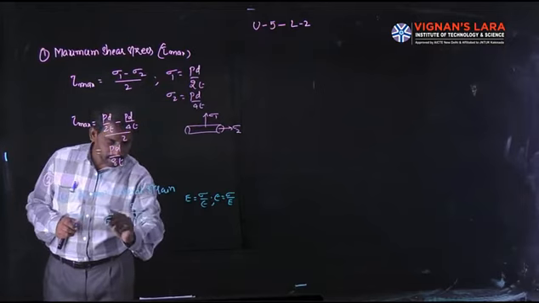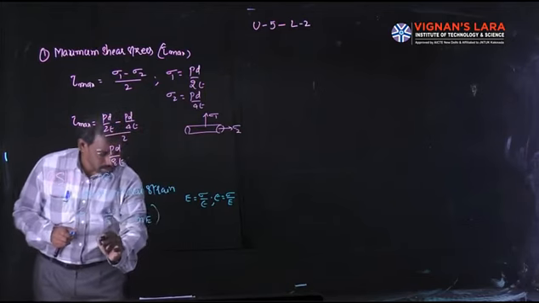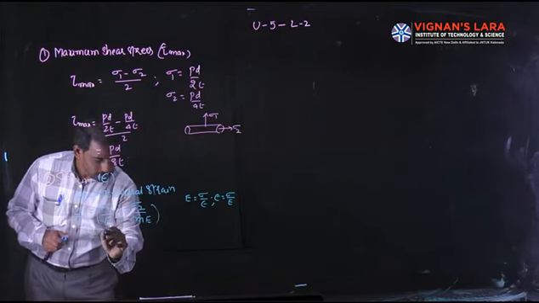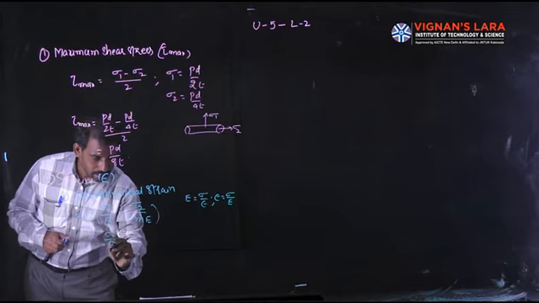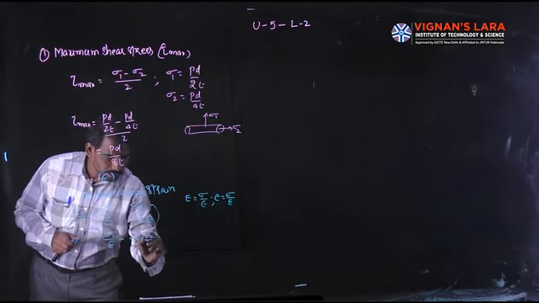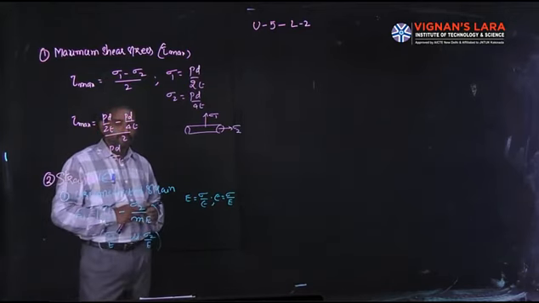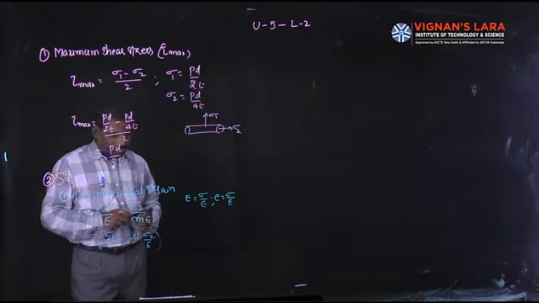This can be rewritten as sigma 1 by E minus mu into sigma 2 by E, where mu is the Poisson's ratio, we know that.